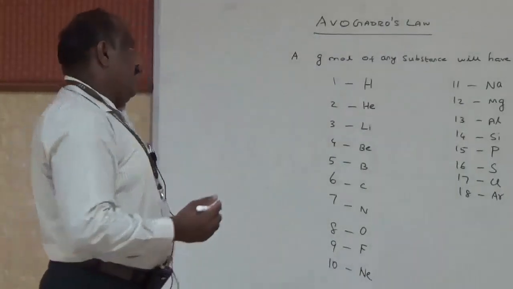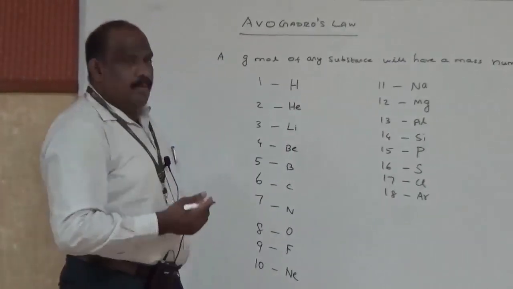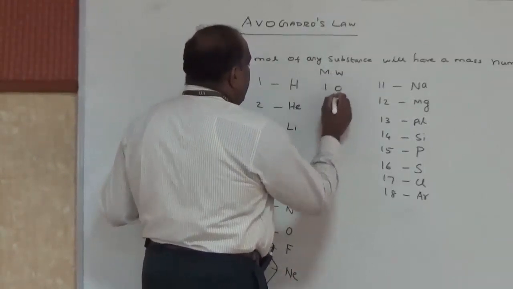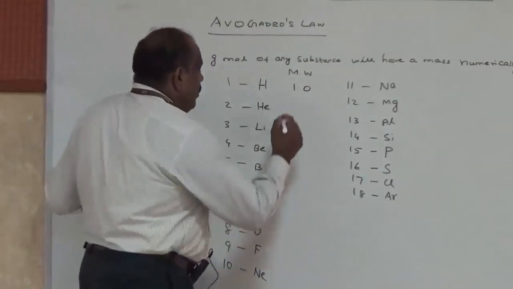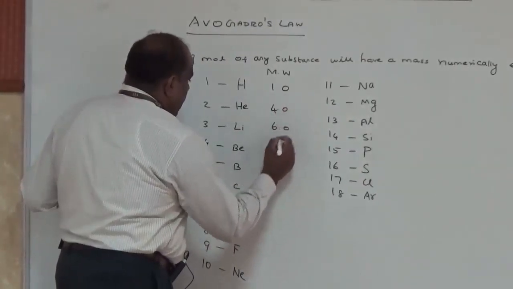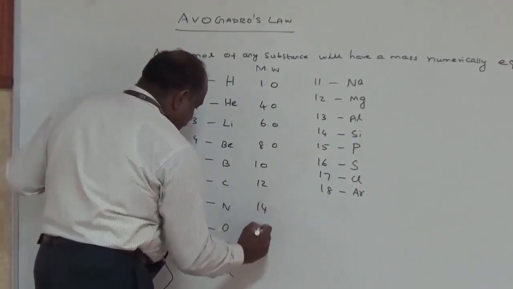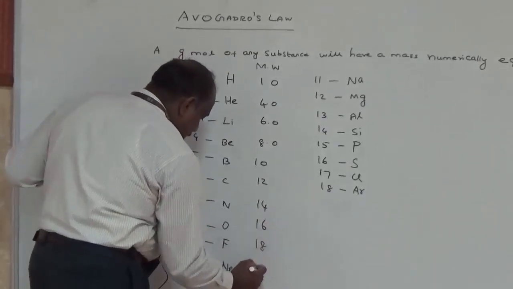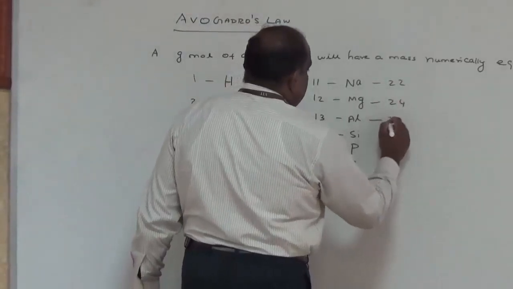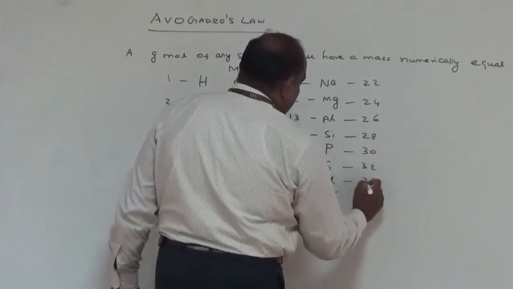Now the next step is the molecular weight. This is called the Mendeleev table, the periodic table, based on increasing atomic number. For hydrogen alone the molecular weight is 1, whereas for the other elements it is nearly twice the atomic number: 4, 6, 8, 10, 12, 14, 16, 18, 20, and sodium 22, magnesium 24, aluminum 26, silicon 28, phosphorus 30, 32, 34, 36.